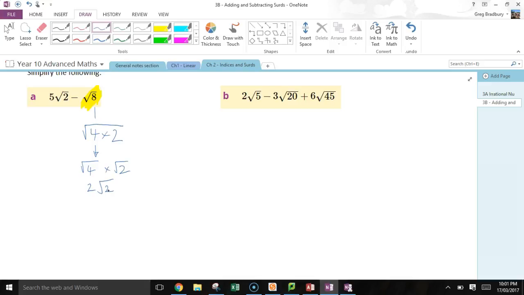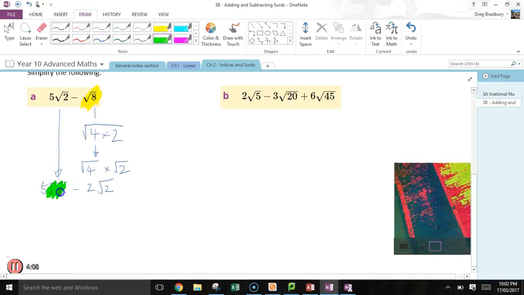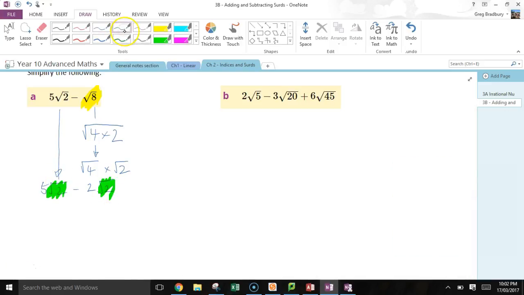If you put root 8 in your calculator and press enter, you'll get 2 root 2. That's the answer it'll spit out. Which is good, because now if I bring this down, I've got a like surd, some root 2. So again, I keep my square root and I add or take away my coefficients. In this case, it's 5 take away 2 is 3, and my surd is root 2. So that's how you simplify a surd.